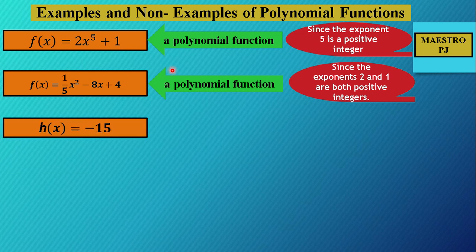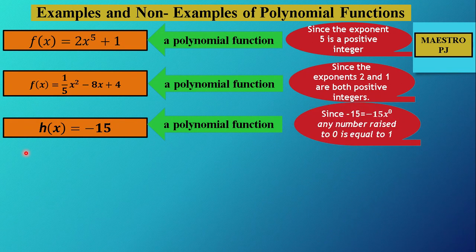Next example, h of x is equal to negative 15. So meron lang tayong iisang term, isang constant term. Is that an example of a polynomial function? Yes. It is still an example of a polynomial function since negative 15 comes from negative 15x raised to 0.